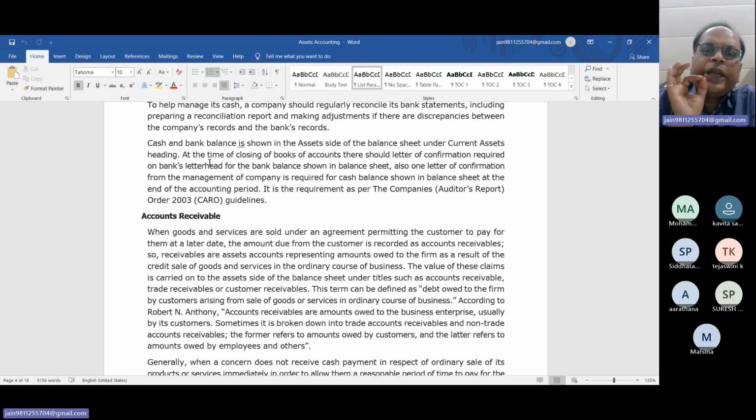In case of a sole proprietorship concern, you can prepare the balance sheet and profit and loss account in tabulation form. You will prepare the trading account and profit and loss account, then the balance sheet. But from the company's point of view, whenever a company prepares the balance sheet and profit and loss account, it has to follow the specific rules and regulations.